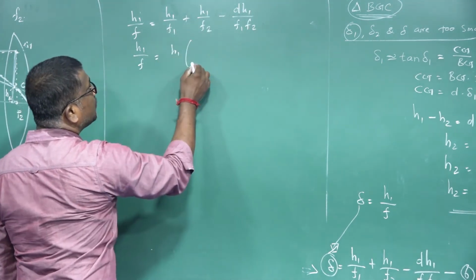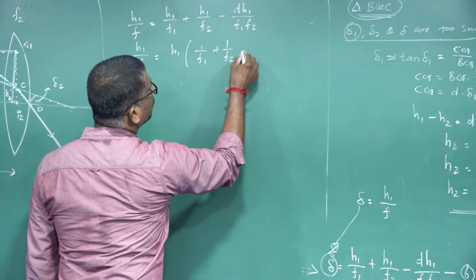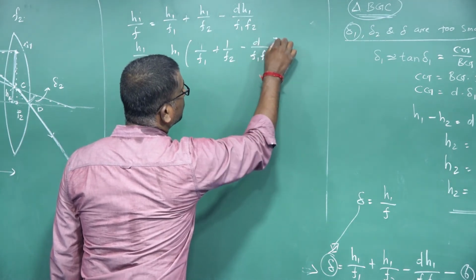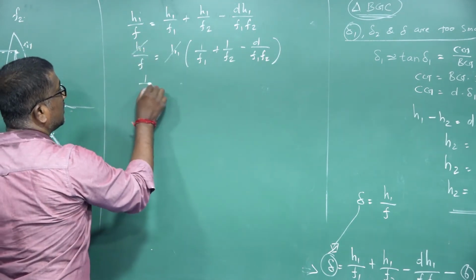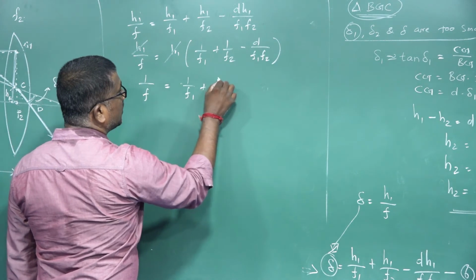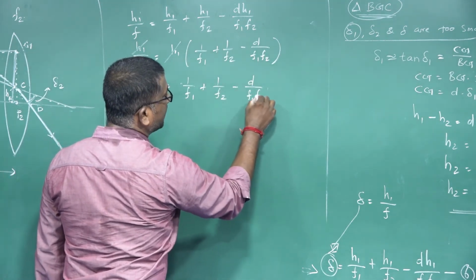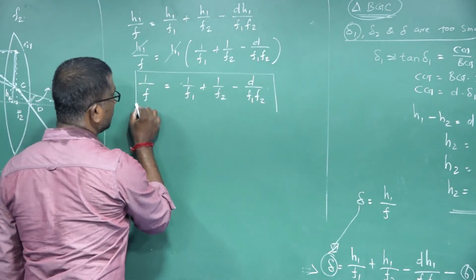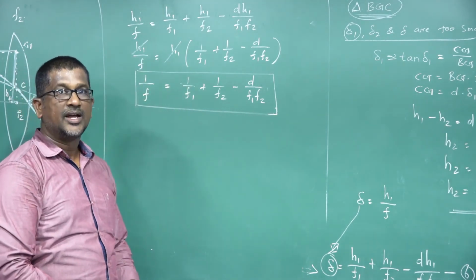So H1 of 1 divided by F1 plus 1 divided by F2 minus D divided by F1 into F2. Here H1 gets cancelled. Then 1 divided by F is equal to 1 by F1 plus 1 by F2 minus D divided by F1 into F2. So this equation gives the focal length of the new lens.